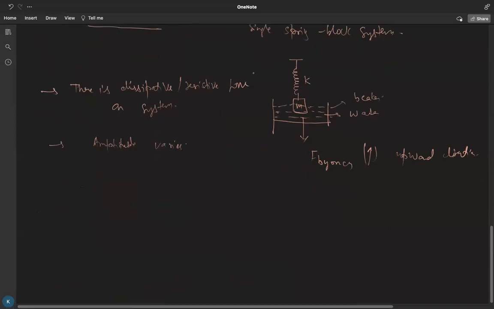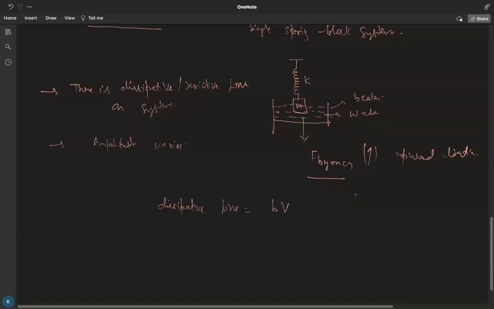Now we actually define those kinds of forces in terms of what is called a dissipative force. So we write it as, let me write it here, dissipative force is equal to bv.